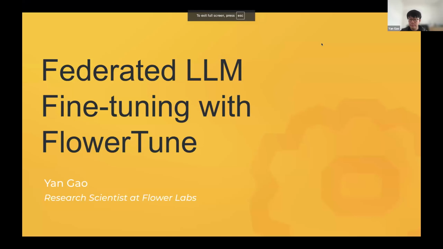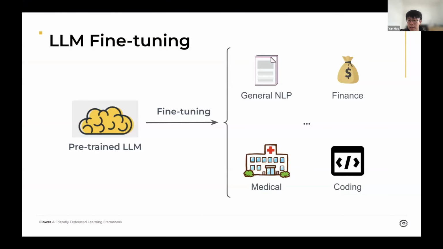Yeah, so in this session, I'm going to talk about federated LLM fine-tuning with FlowerTune. As we all know, the large language model, LLM, has achieved remarkable performance in a wide range of machine learning tasks across different domains, such as general NLP tasks, medical QA, the finance domain, coding copilots, and so on.